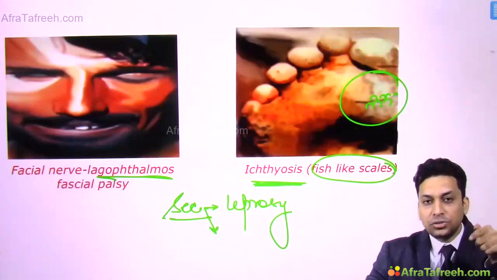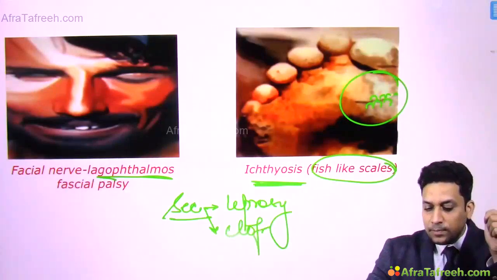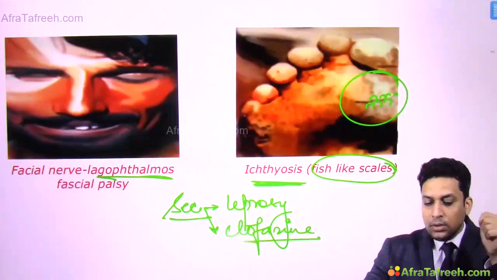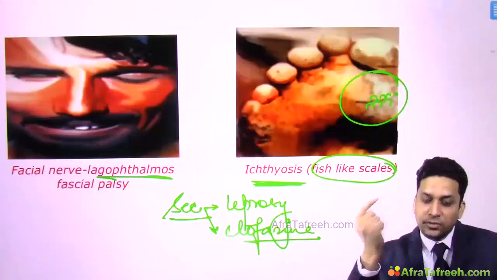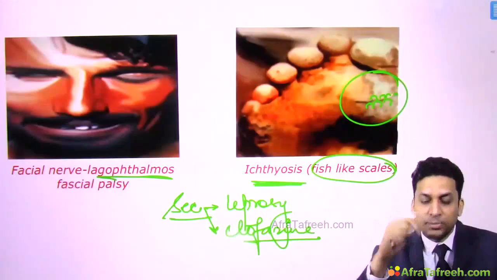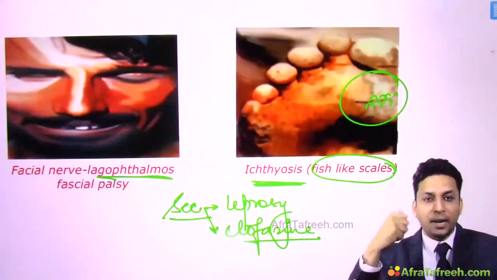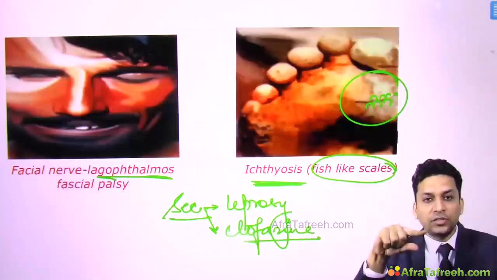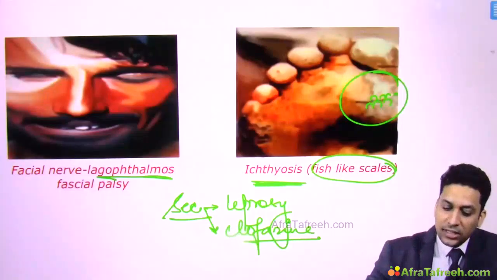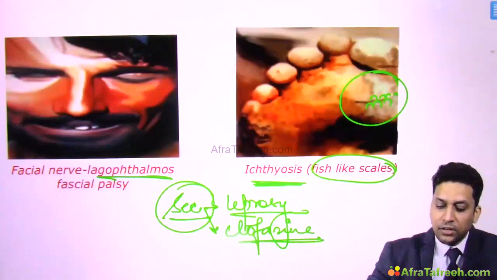Similarly, a drug which is used in leprosy, clofazimine, can also lead to ichthyosis-like side effects. So skin becomes very dry when we use clofazimine in these patients. So that is the reason why you will get a lot of dryness of skin in leprosy, primarily due to leprosy, and when we use clofazimine it further aggravates. So these are the secondary causes of ichthyosis: leprosy and clofazimine.